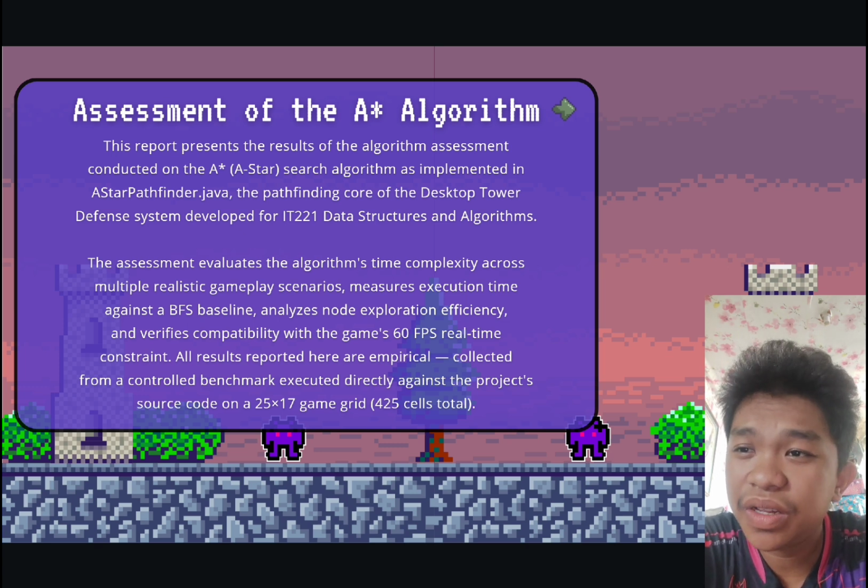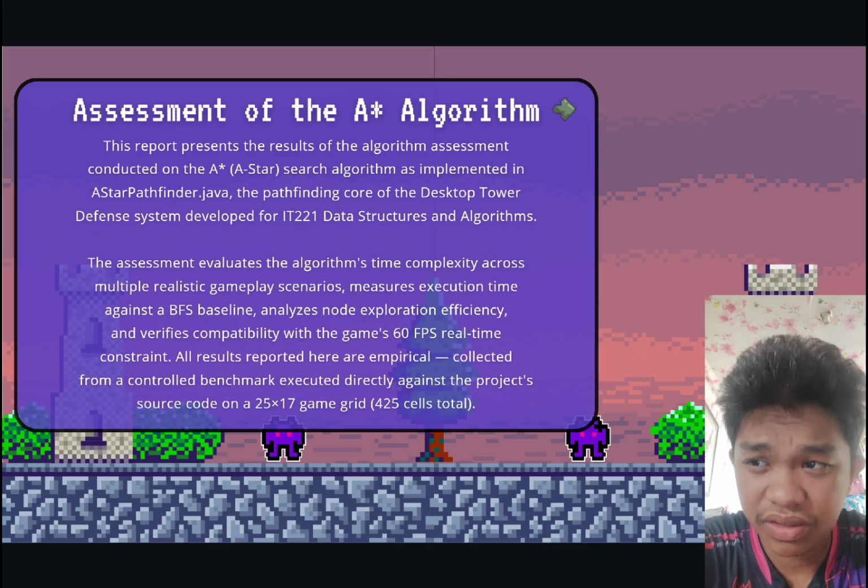The assessment evaluates the algorithm's time complexity across multiple realistic gameplay scenarios, measures execution time against a BFS baseline, analyzes node exploration efficiency, and verifies compatibility with the game's 60 FPS real-time constraint.